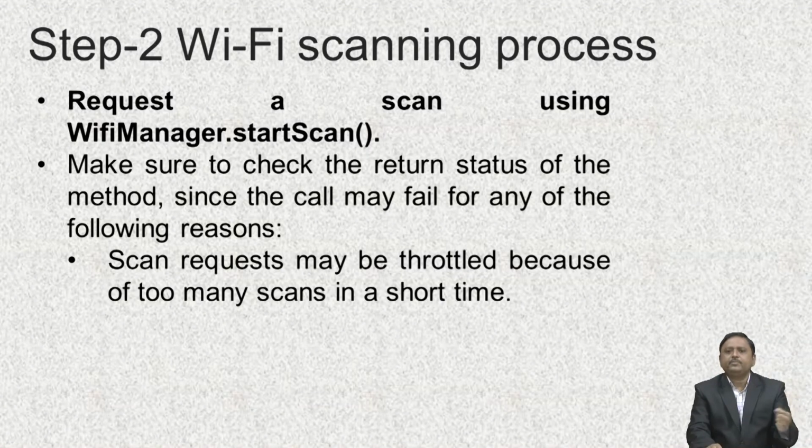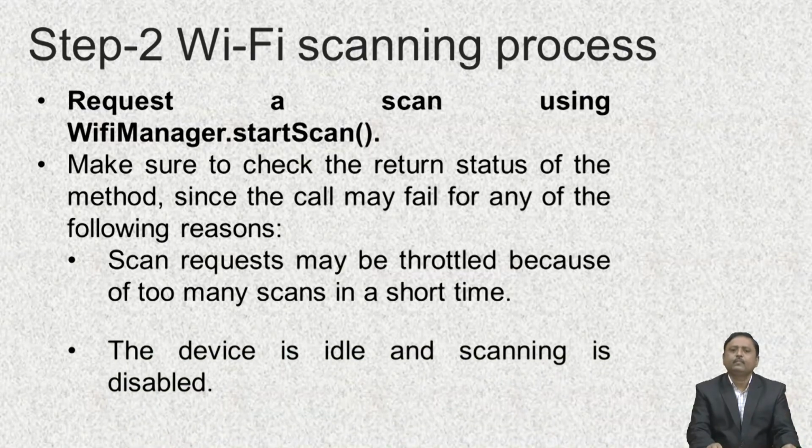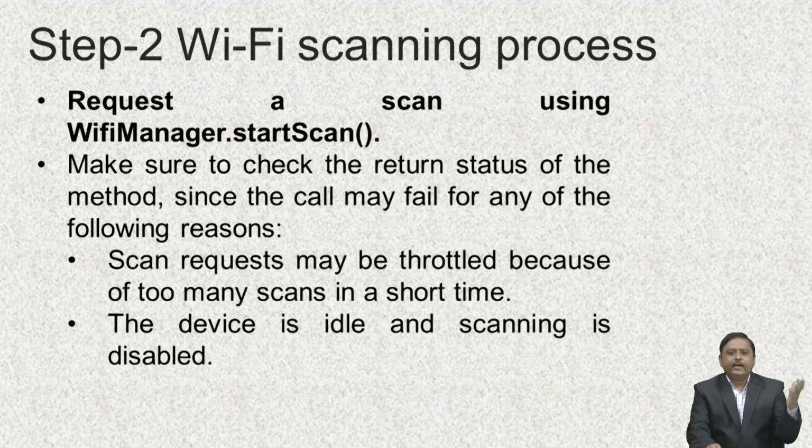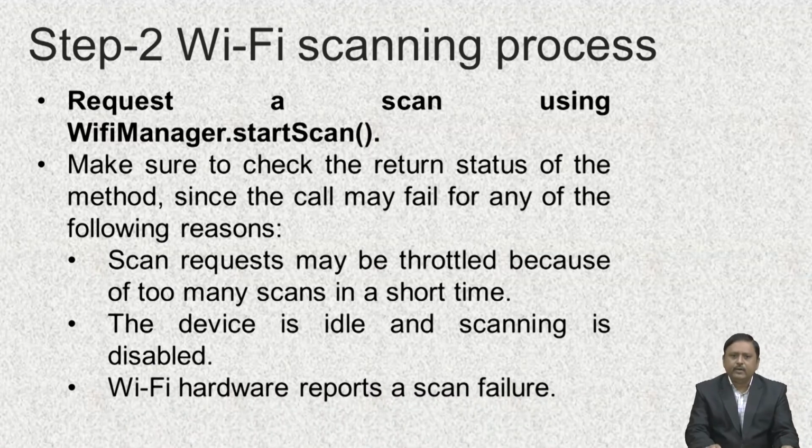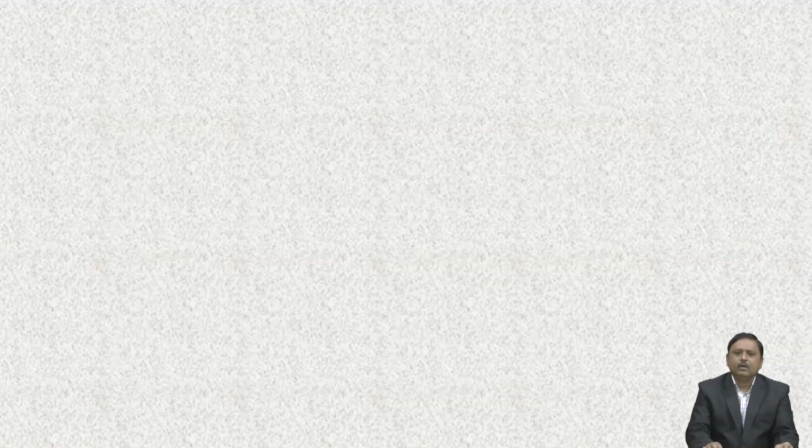The scan request may be throttled because of too many scans in a short time, the device is idle and scanning is disabled, the Wi-Fi hardware reports scan failure, or there is no Wi-Fi available. So for any of these reasons, the Wi-Fi scanning may fail.